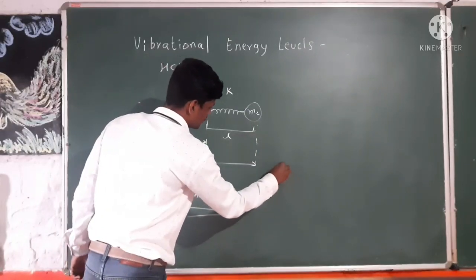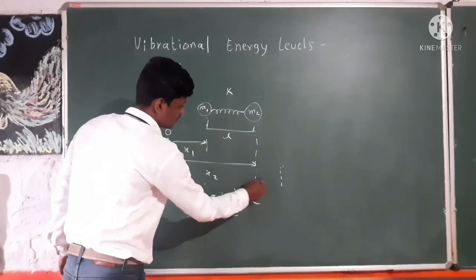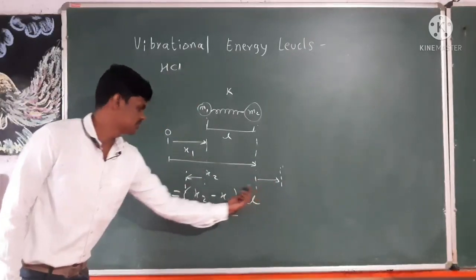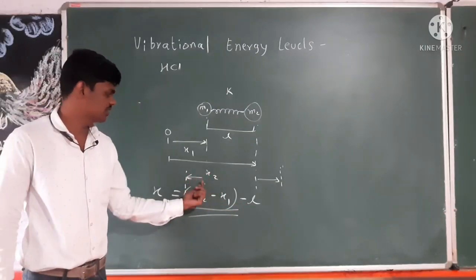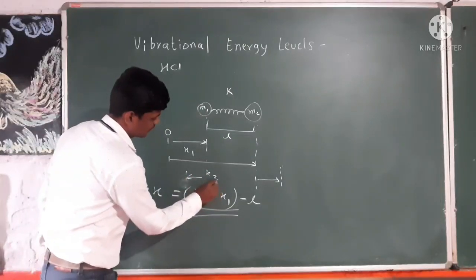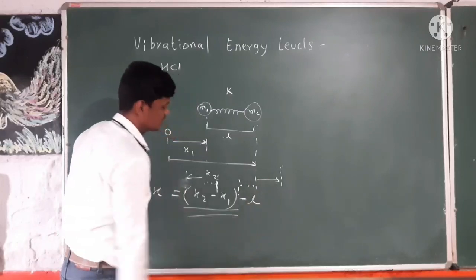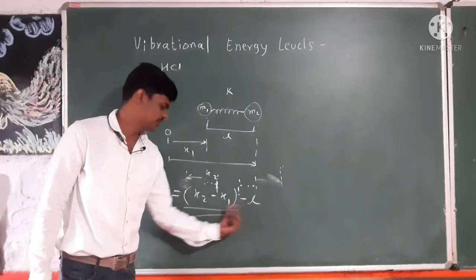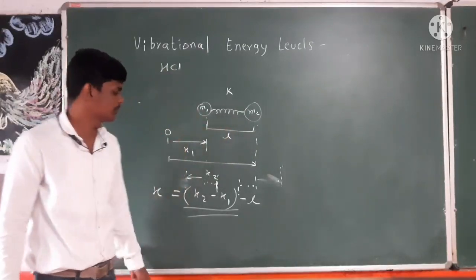If it goes to this, this is an increased distance, a bigger distance compared with L, so this will be a positive displacement. If the vibration happens like this, then it will be a smaller value and the displacement will be negative.